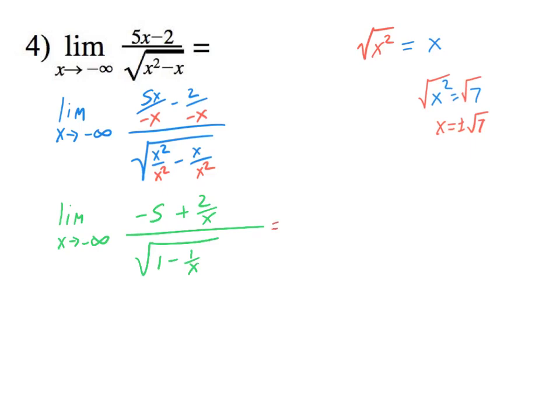We now have negative 5 plus 2 over negative infinity, which becomes 0. Let's just make that a 0 right there. There's a 0. The square root of 1 minus 0. So what we have here is negative 5 over the square root of 1, which is 1. So my answer here is equal to negative 5.